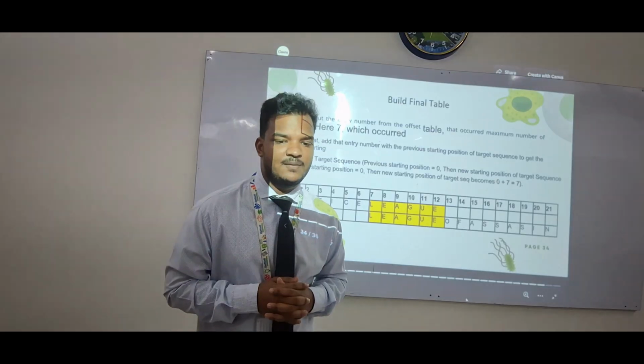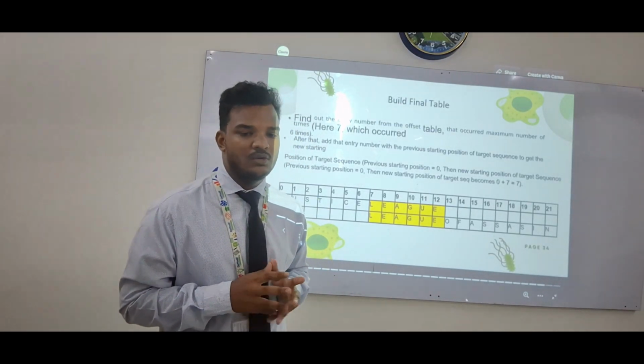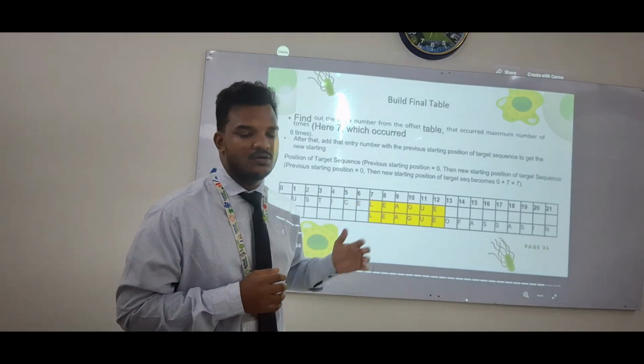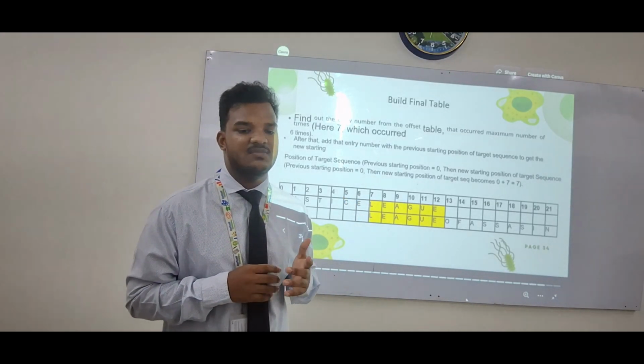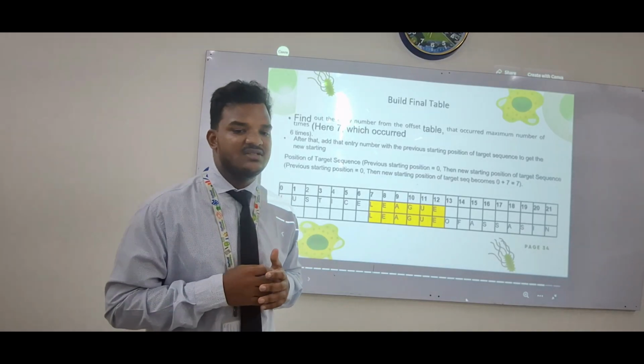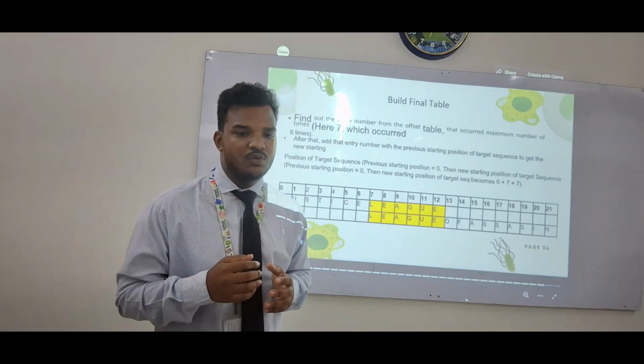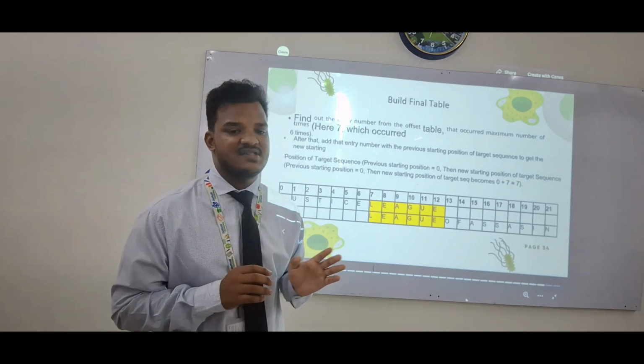In the finer table, which is where the optimal alignment is logged, we look back at our offset table to find out which entry number occurred the maximum number of times. As we noted, in this case it is 7, which occurred 6 times.